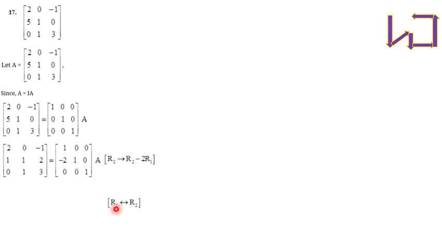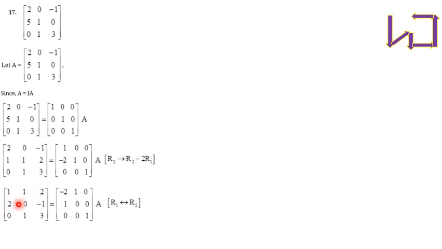Next we have to interchange R1 and R2. Means if I make this 1 here, the first condition is satisfied, means A11 element will be 1. So R1 interchanges with R2. While doing that calculation, this 1, 1, 2, that is the R2 row, will come here as the R1 row. That is 1, 1, 2.